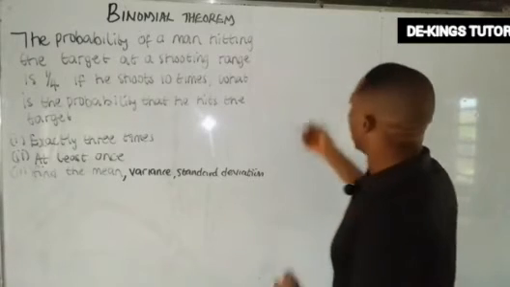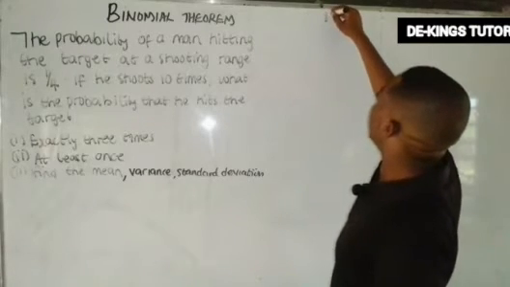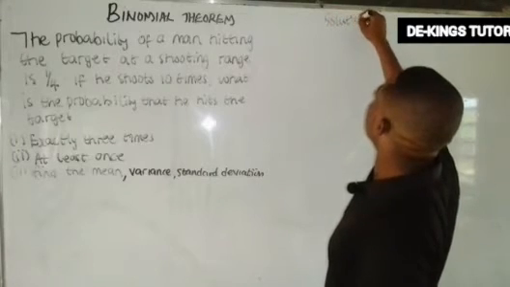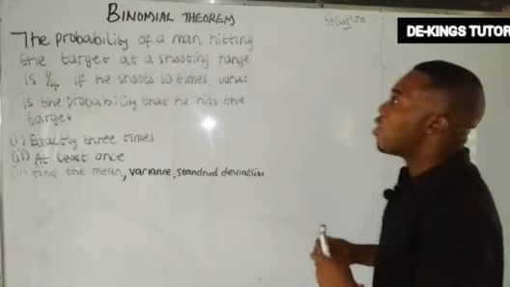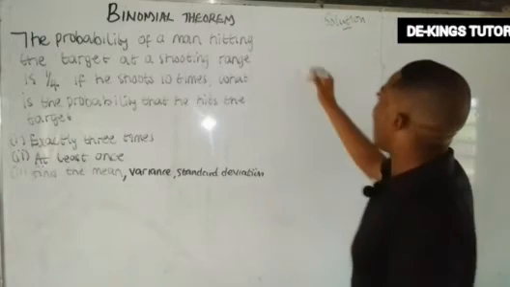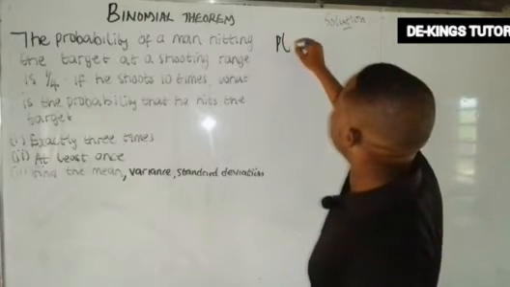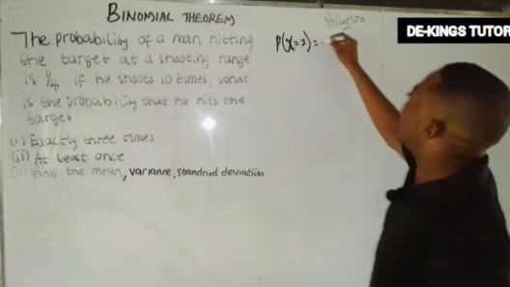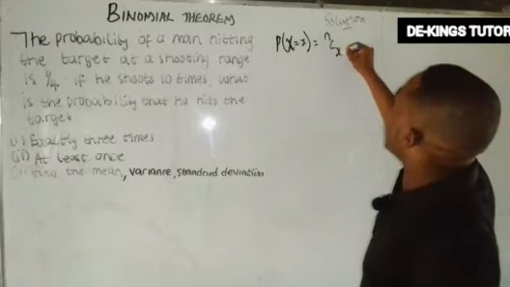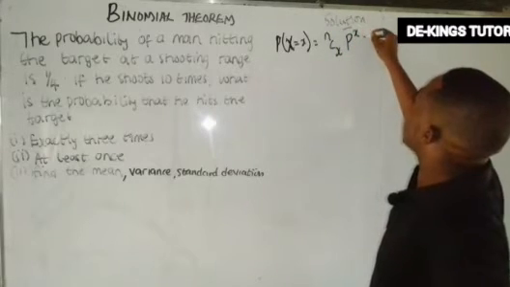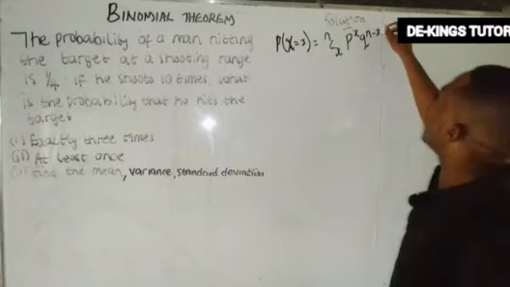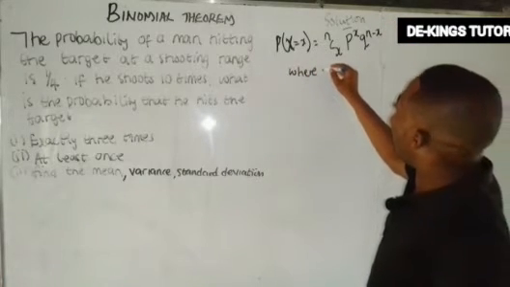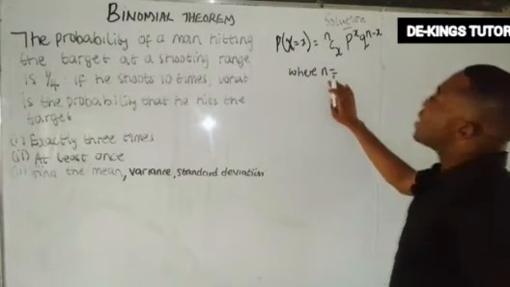Now from here, we recall our formula. Solution. The formula is the probability of X equal x, that's a random variable, equal to n combination x times p^x times q^(n minus x), where n is the number of trials.